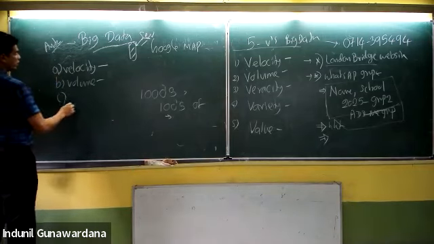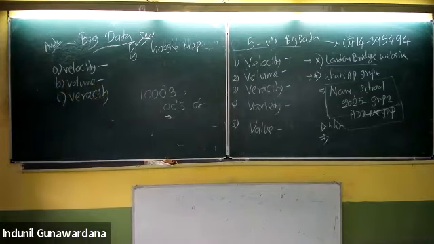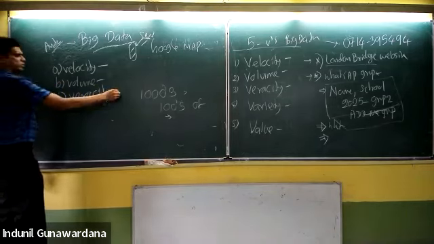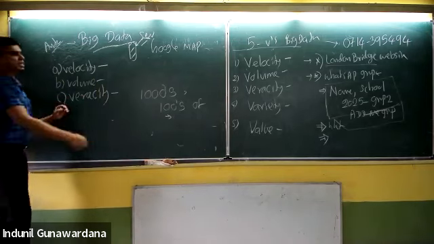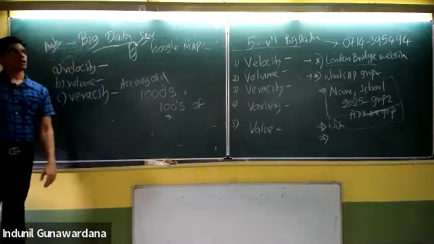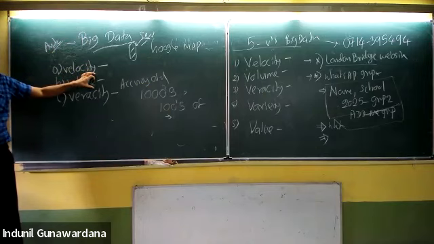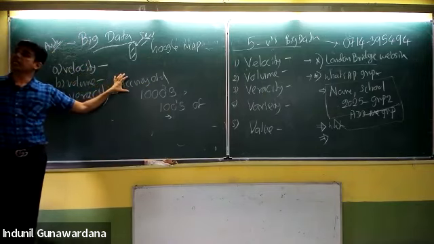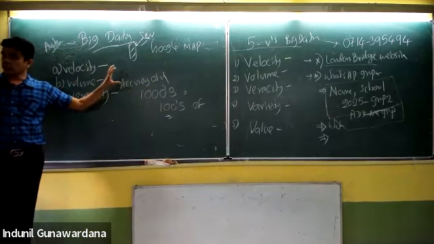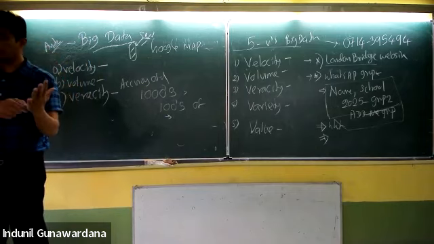Part C, veracity. What is veracity? This is a new word. Veracity means the accuracy of the data. In big data, data should be quickly collected, huge volumes are there, and simultaneously those data should be highly accurate. Regarding our location data with respect to Google Map, are our GPS data collected by my phone accurate?